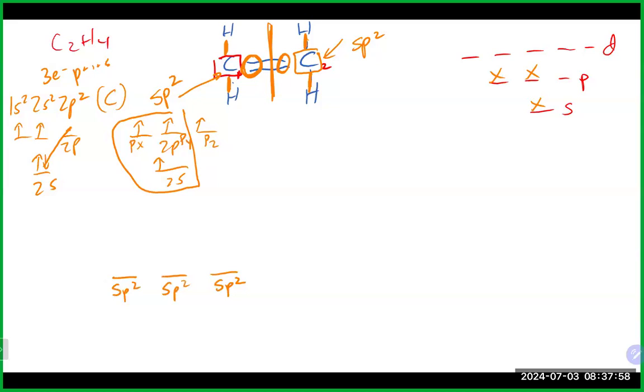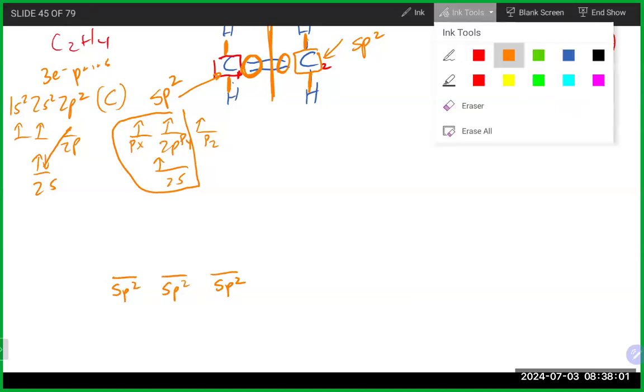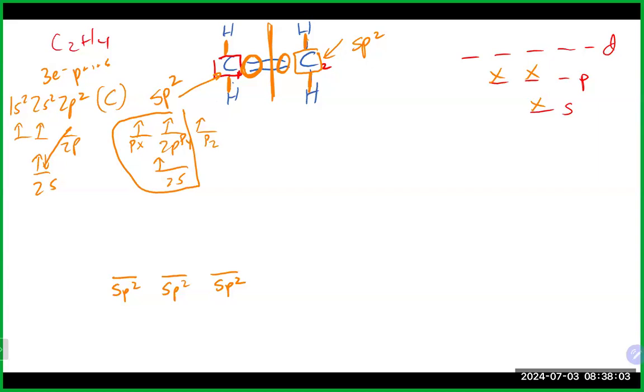But in addition to that, we have 1 orbital, which in this case is our pz orbital, that is unhybridized. So we will also have an unhybridized pz orbital, and each will have an electron. This is what is happening for carbon number 1 on the left-hand side.